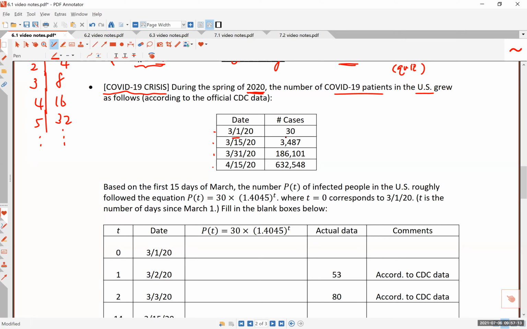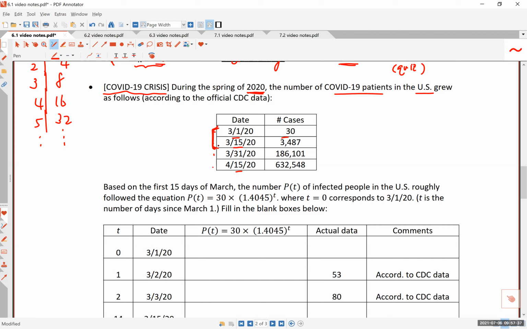On March 1st, there were 30 cases. On March 15th, which is 2 weeks later, the number became 3,487. And then by the end of March, there were 186,000 people. And by the middle of April, we had over 600,000. Okay, so what happened? I wanted you to focus on this 2 week period.